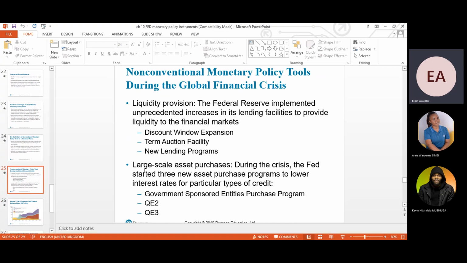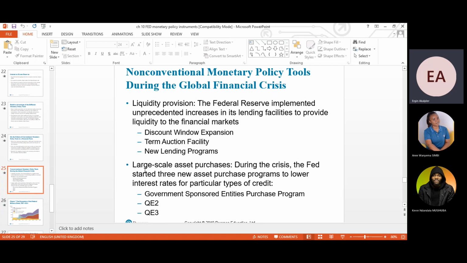The non-conventional monetary policy tools during the global financial crisis: liquidity provision. The Federal Reserve implemented unprecedented increases in its lending facilities to provide liquidity to the financial markets: discount window expansion, term auction facility, new lending programs, and large-scale asset purchases.